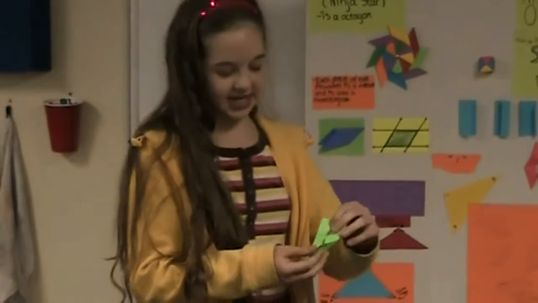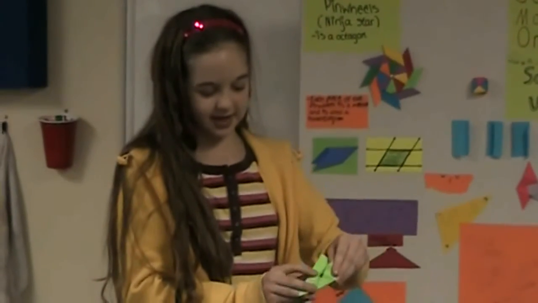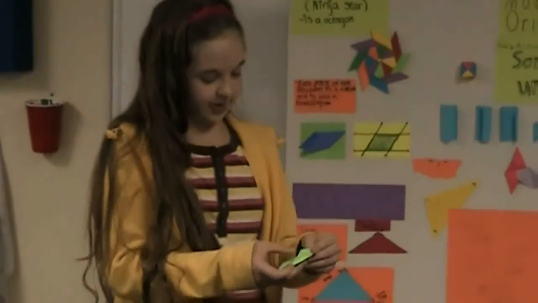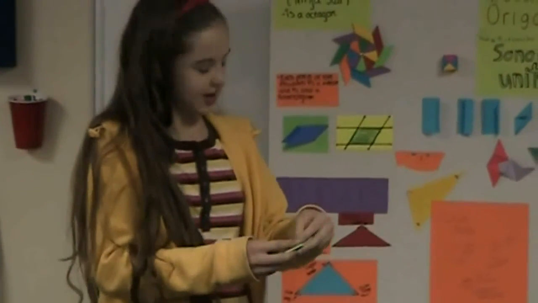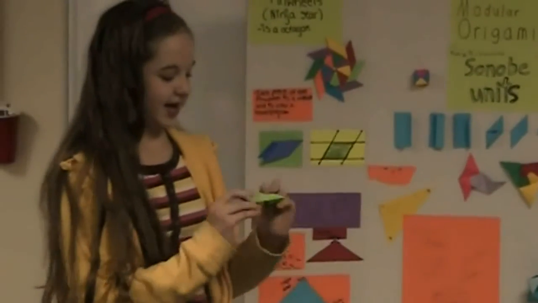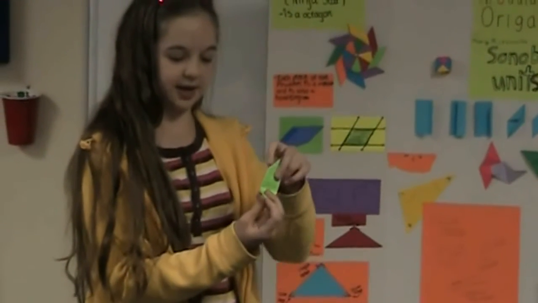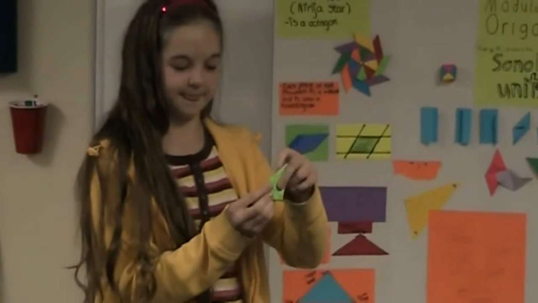And then we're going to take these and tuck them under the opposite side. And it will end up like this. And then the last step is to take this point and bring it up to right here.